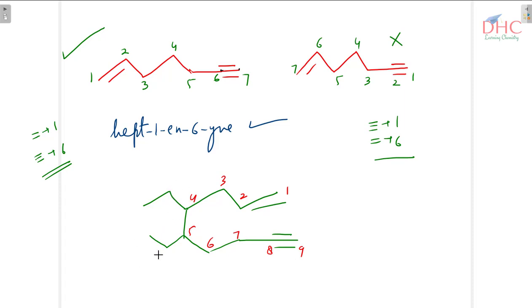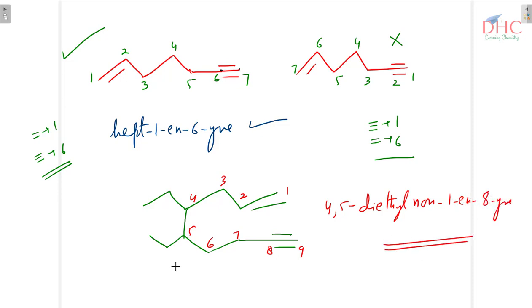So basically you have these prefixes 4,5-diethyl. So it's 4 comma 5 diethyl. Then what is the word root? None. Then 1 en, then 8 yne. This is the name of this compound. In this way you can write names according to IUPAC for these alkenes and alkynes.